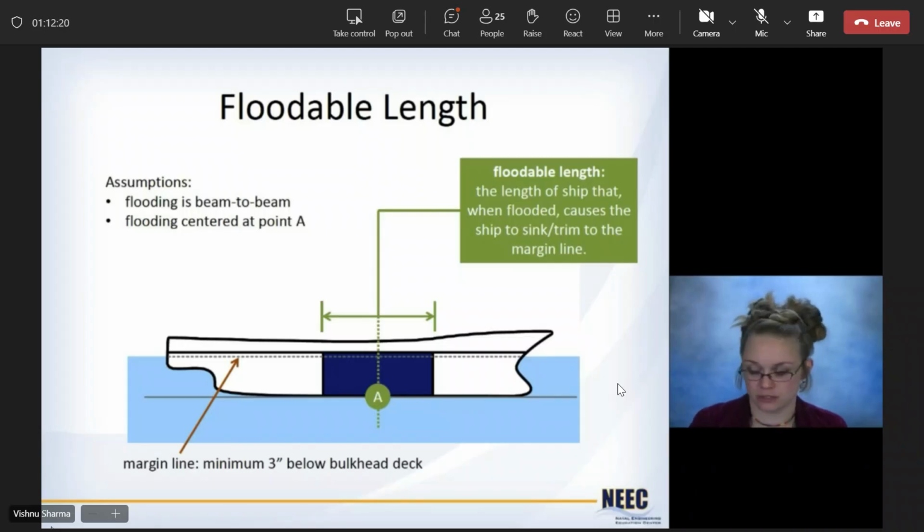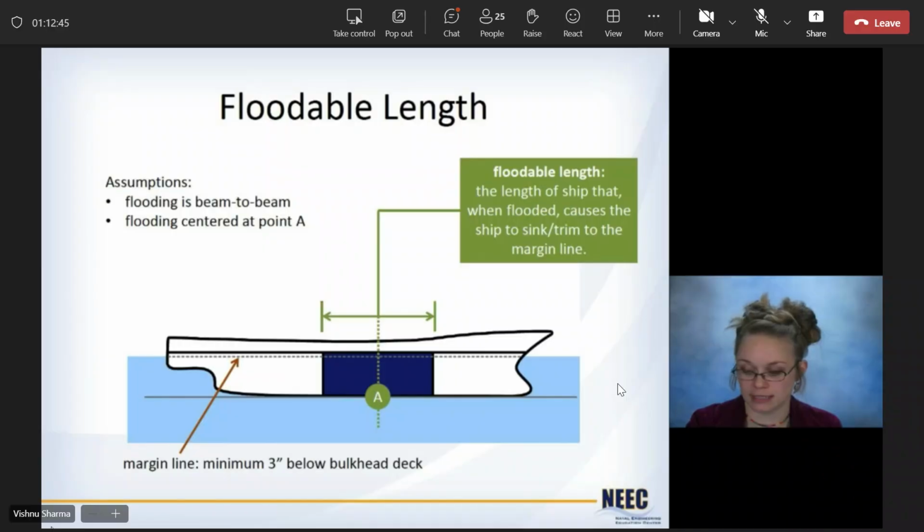So I've got some pictures here that hopefully will help make sense. In general, the floodable length is the length of the ship that when it's flooded will cause the ship to sink and trim such that the margin line is immersed in the water. The margin line is an imaginary line. It is a minimum of 3 inches below the bulkhead deck. And what it means is it's like a bulkhead deck with a factor of safety put on top of it.